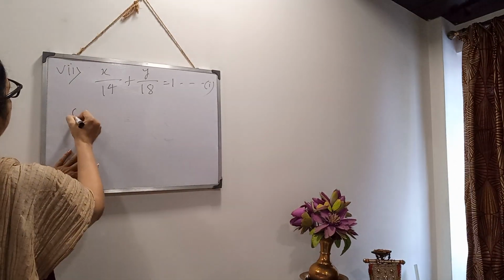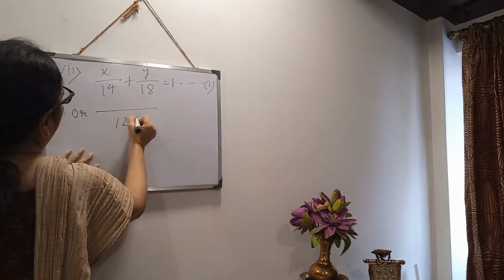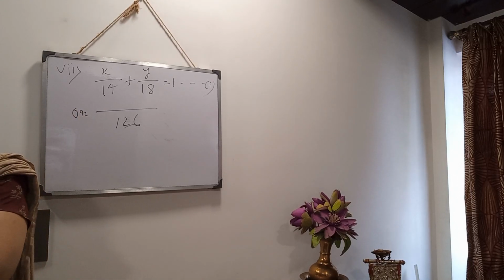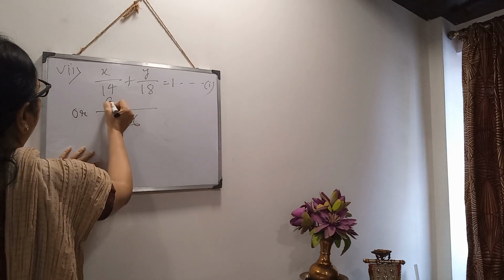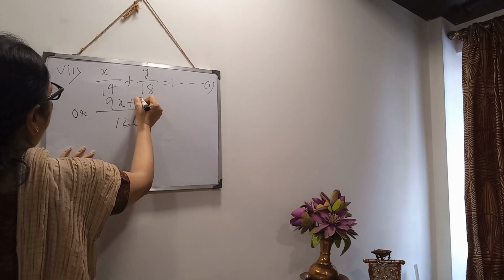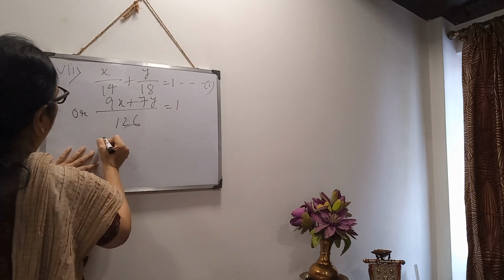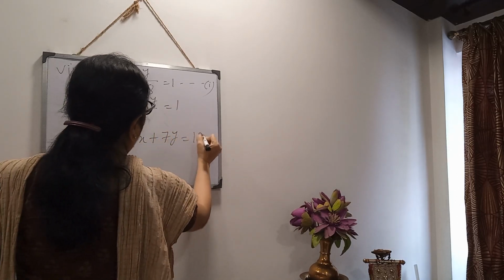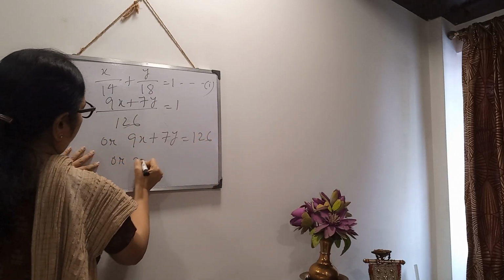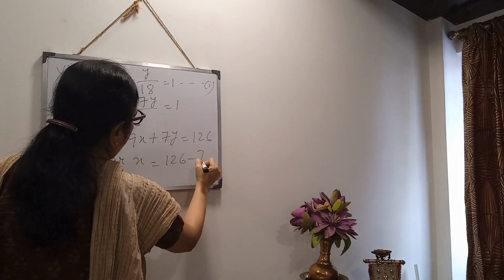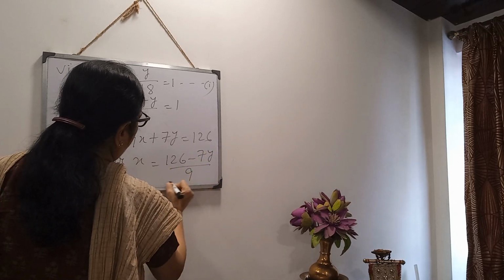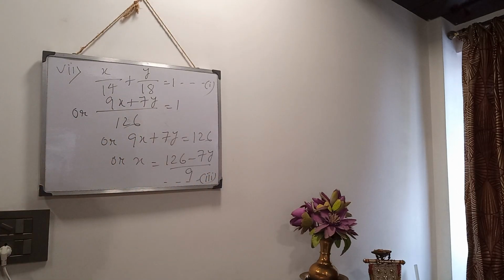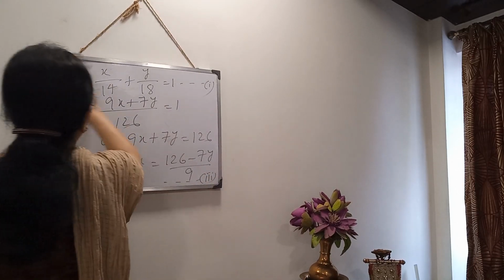If you multiply this, it will become 9x plus 7y equals to 126, or x equals to 126 minus 7y by 9. This is my equation number 3. Clear? Now I substitute this value in equation number 2.